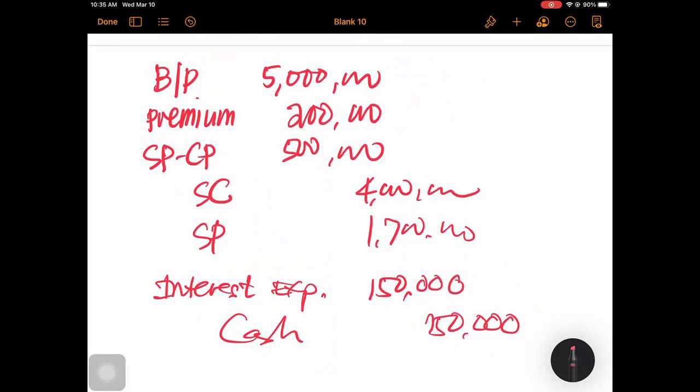So sa first 3 years, mag-record ta same sa bonds payable na naay amortization table. So we amortize the discount or the premium. So record nato ang interest expense, premium on bonds payable or debit interest expense, bonds payable, discount on bonds payable.